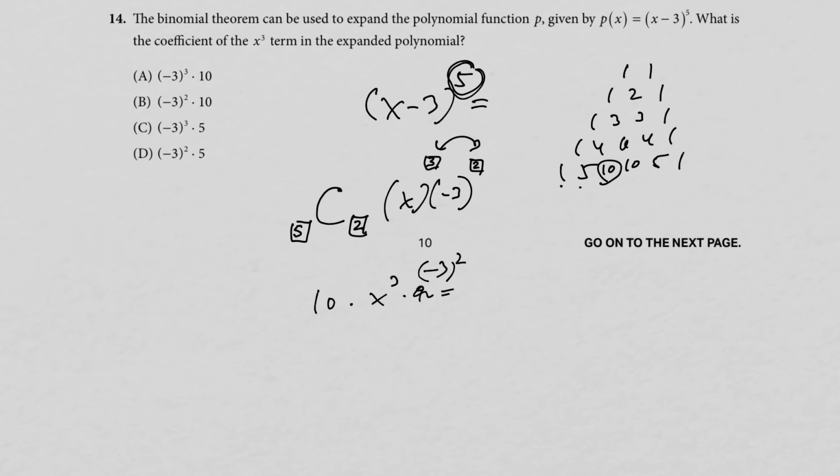And as you can see, it's right there. You also might know how to calculate combinations with the combination formula. You cancel out the 3 factorials, and you cancel out the 2 with the 4. Either way, you get choice B for that. An interesting question.